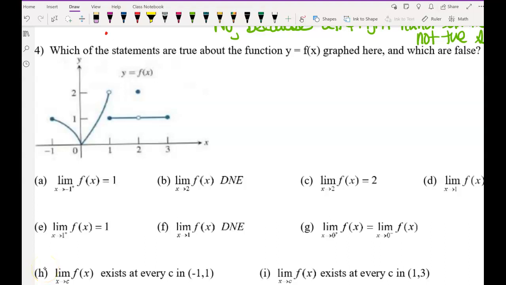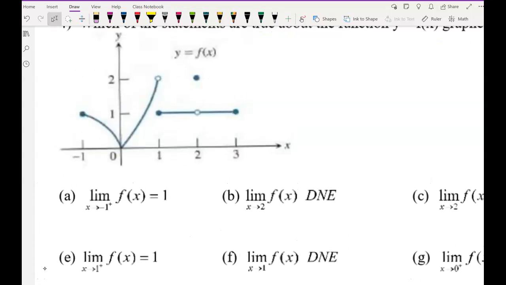Example 4. Which of the statements are true about the function y equals f of x graph below? Which are false? So A, is the limit as x approaches -1 from the right, remember the right because of the positive symbol right there, of our function f of x equal to 1?